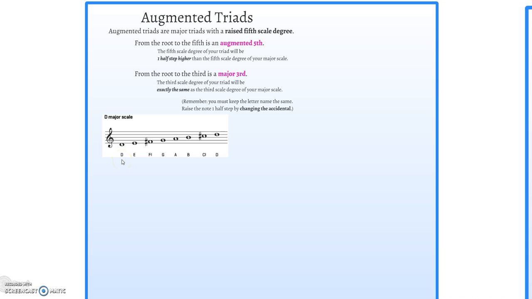So we're keeping D natural as D natural, we're keeping F sharp as F sharp, and our fifth scale degree is going to be raised one half step. So a half step higher than A is A sharp. So there we have D as the root, F sharp as the third, and A sharp as the fifth. That is our D augmented triad.